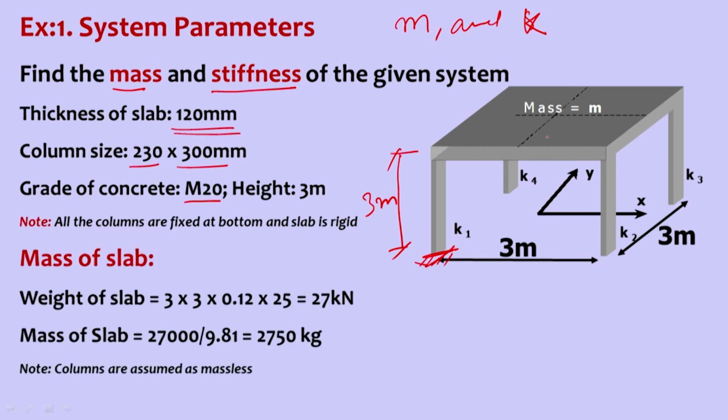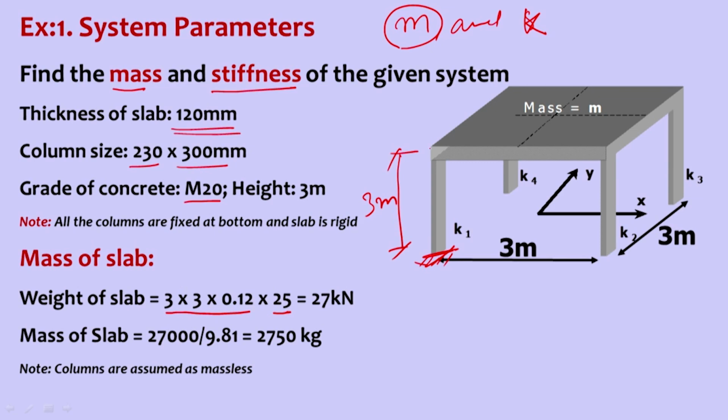Then how do we calculate the system parameters? First of all we need to calculate the mass of the slab. For that, we calculate the weight of the slab first. The weight of the slab we can get through volume multiplied by weight density.